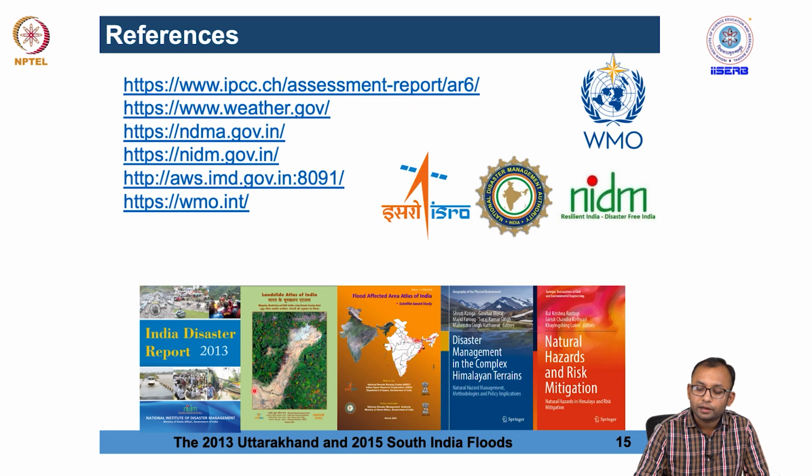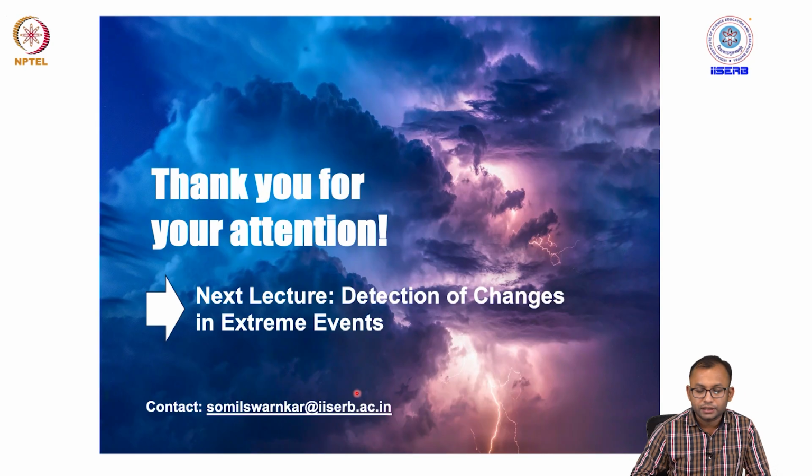These are the books and reports. You can go through them and get an idea about the historical steps, the present condition, and what the future steps could be, so that we can mitigate the impact of these extreme flooding events or disasters in different parts of the country.